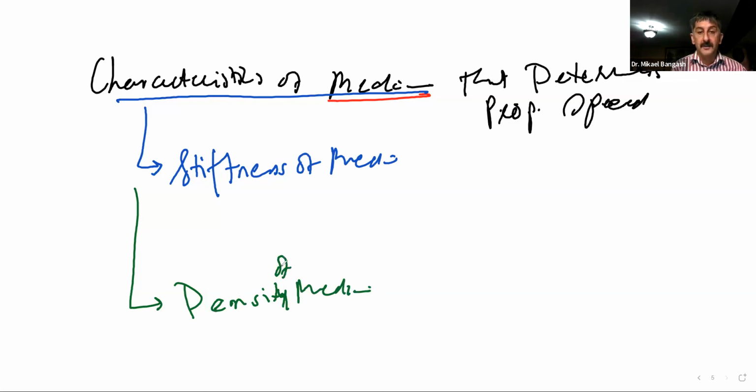And what we mean by the medium, in our instance, is our tissues. So two characteristics of the medium will determine how fast or how slow a sound wave is going to travel through a medium: how stiff that medium is, and what the density of the medium is.